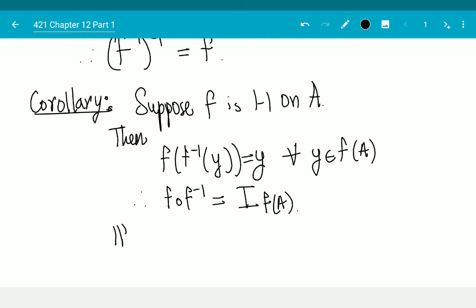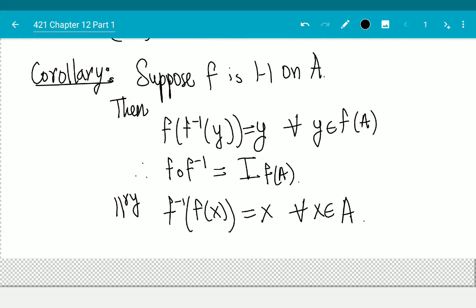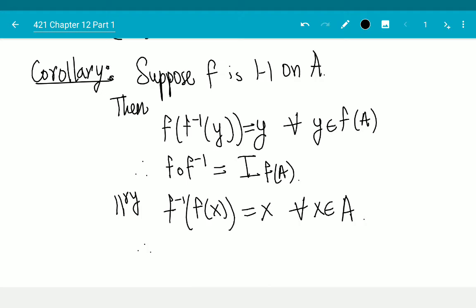Similarly, f inverse of f of x is equal to x for every x belonging to A, and therefore f inverse composed with f is equal to the identity on A, right?